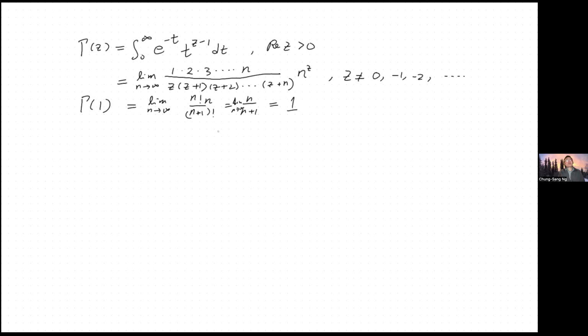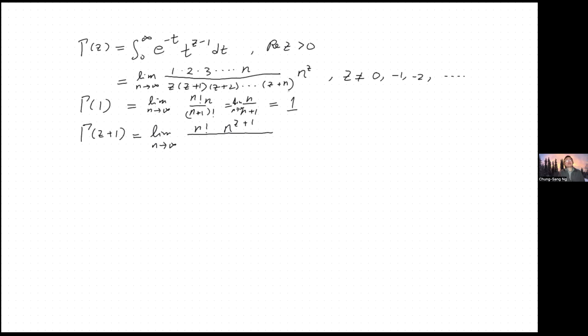Another property is a quite useful, commonly used formula for the gamma function. You evaluate it using the same formula with z changed to z plus 1, so basically everything moves up a little bit. Same limit, same n factorial, and then you have n to the z plus 1. Everything in the denominator is shifted: z plus 1, z plus 2, up to z plus n plus 1.